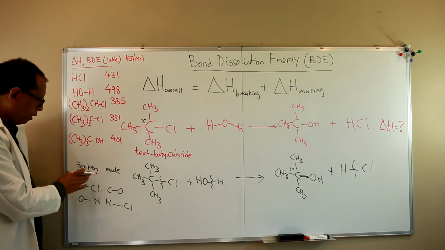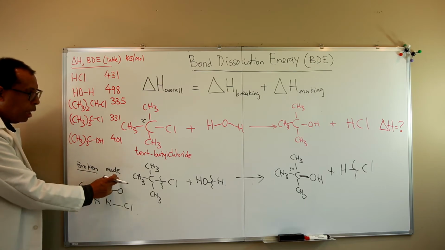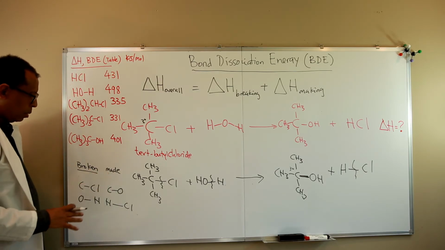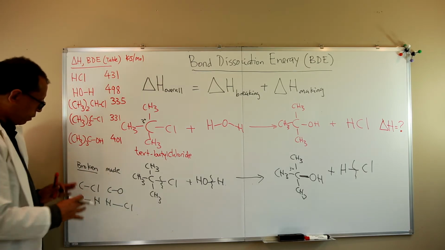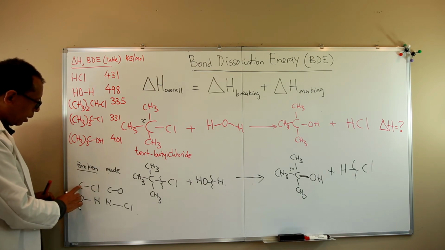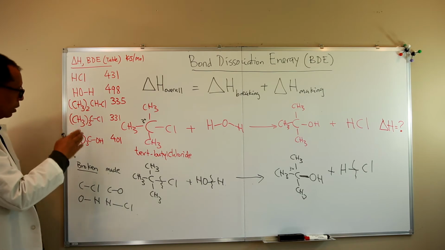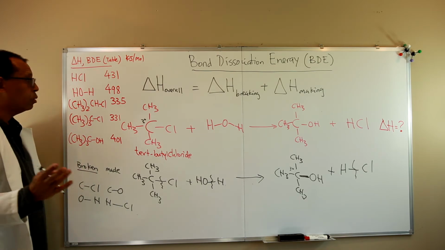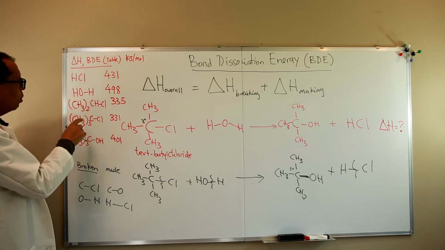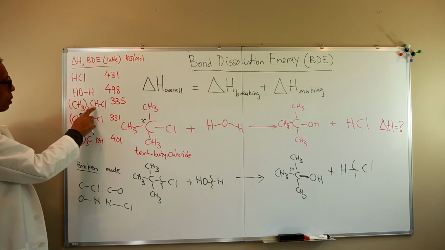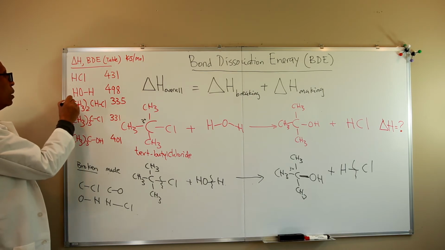Now we have broken ones and made ones. Let's add up everything that's broken. A carbon-chlorine bond is broken, which means you have to put energy into the system. You don't take this other one, even though it's carbon-chlorine, because that is a secondary one.